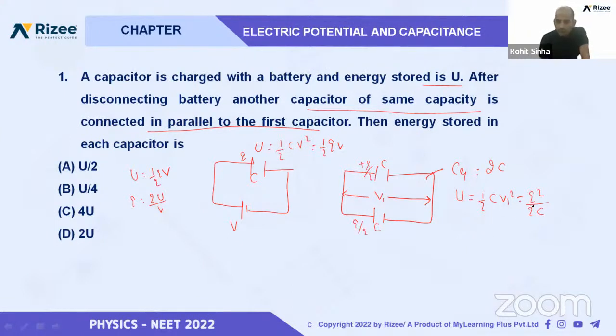Now let us move here. We know the new capacitance for each capacitor, and how much energy will be stored is equal to Q squared, with the new charge being half, by 2C. Into C is the new capacitance, 2C. We can write like this, it will be Q squared by 4 into 4C.